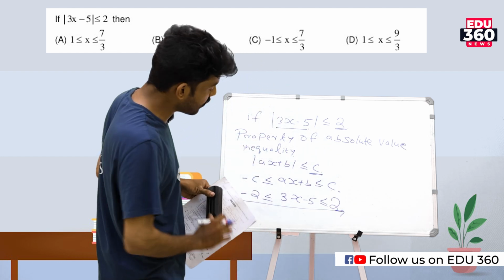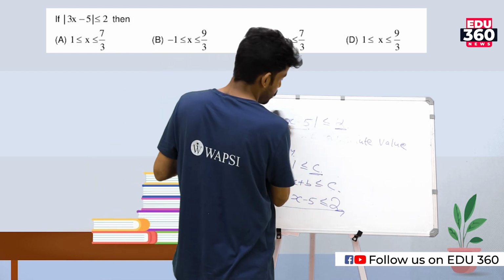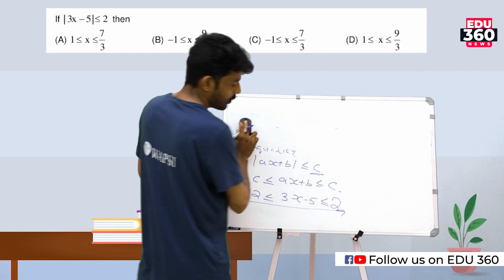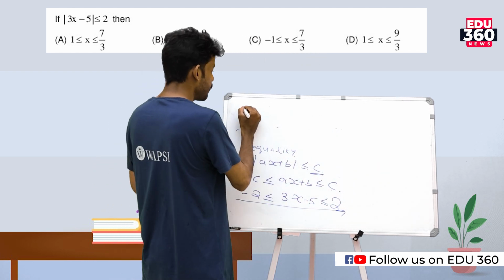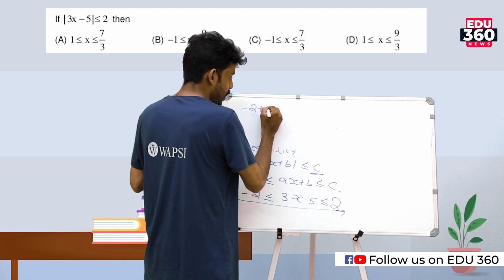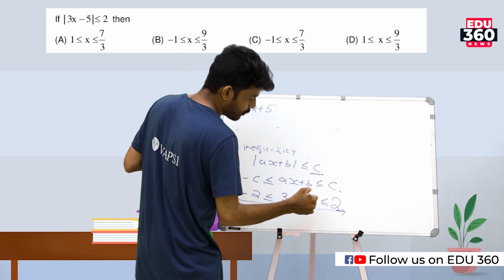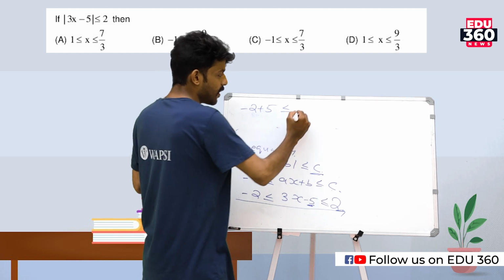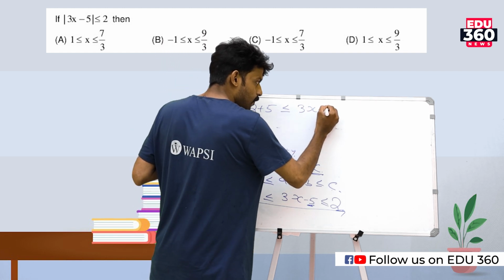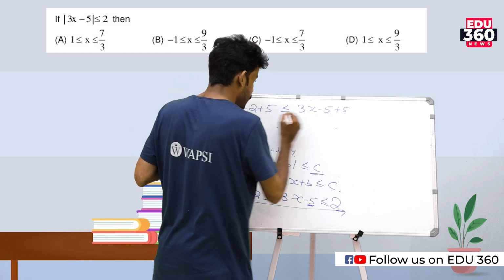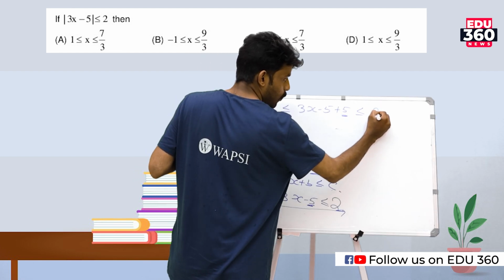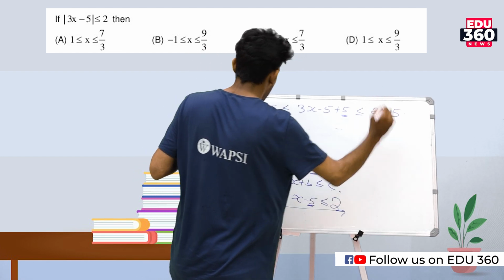Okay, so let me write the steps here on the top portion once again. After this, we can add 5 to cancel here. So that means minus 2 plus 5 less than or equal to 3x minus 5 plus 5, less than or equal to 2 plus 5.